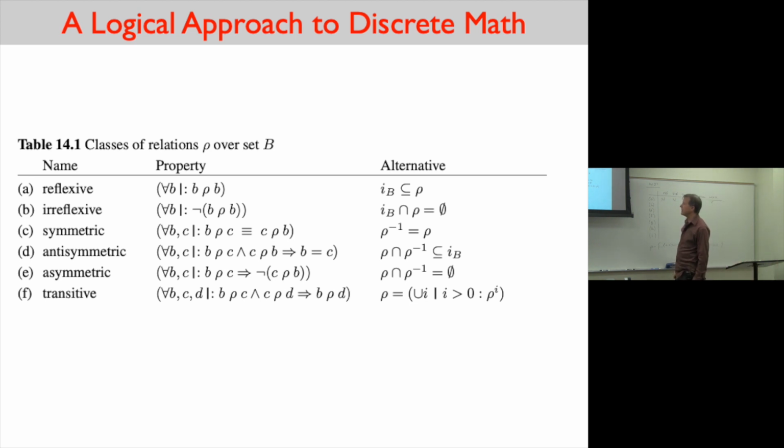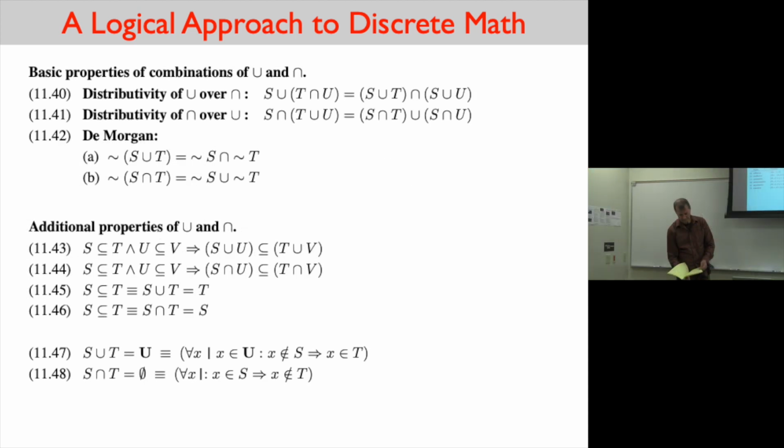Yes, exactly. I think for all of these, it's good to start with the right-hand side. So what do we have here? I sub B intersection rho equals the empty set. Use 1148. It's with two variables, for all x, y.